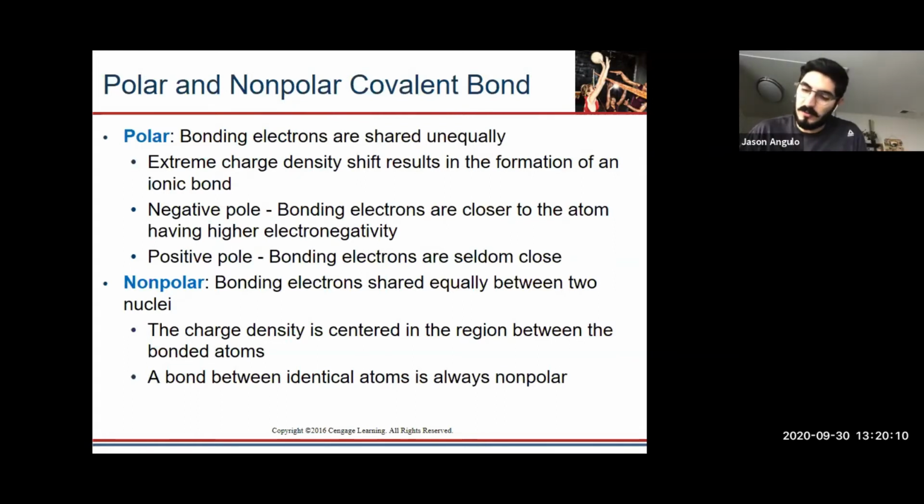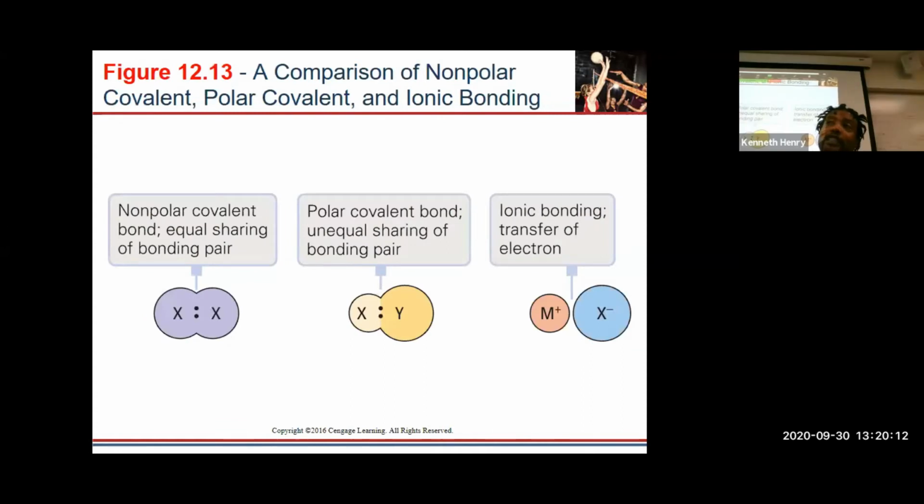Yeah, you mentioned that. Okay, so this is just basically showing us how sharing occurs, right? If it's even sharing, you're going to have equal pull on both sides. They're going to share the electrons evenly. In the situation of a polar bond, the electron spends more time here.